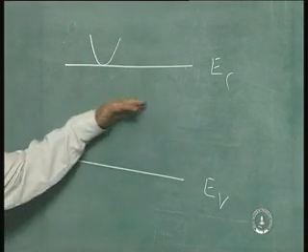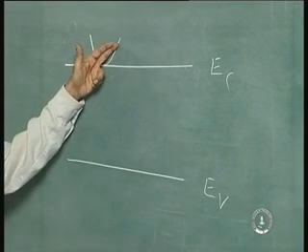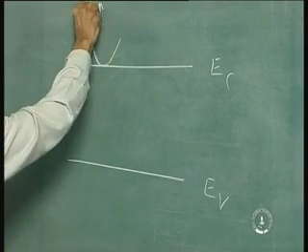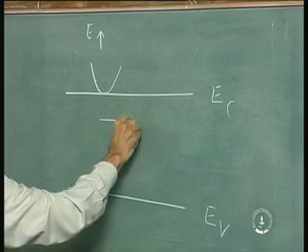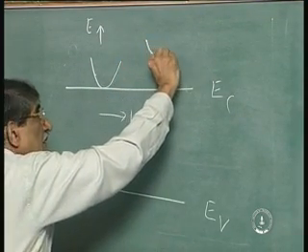This is the distance, but if you plot energy versus momentum, this is one valley, one distribution, E versus K. And then there is one more which goes like this, which is flatter.